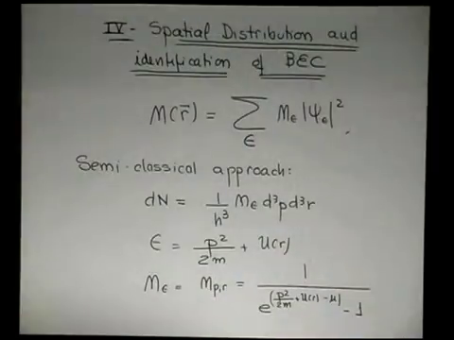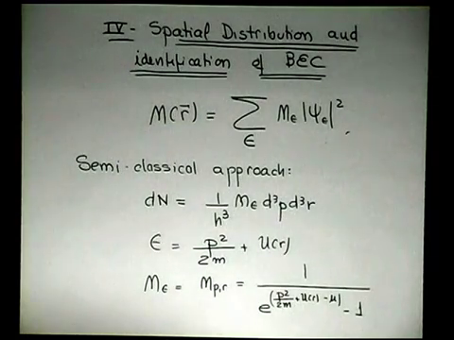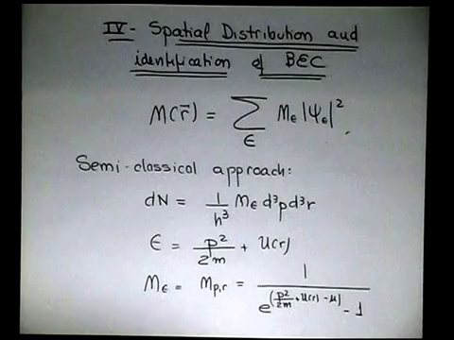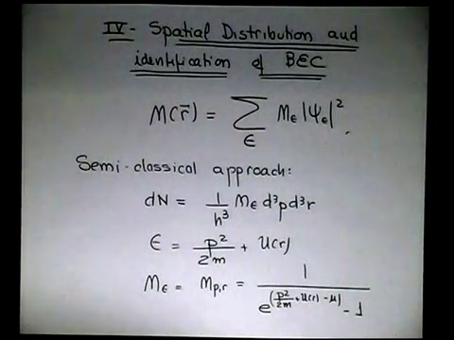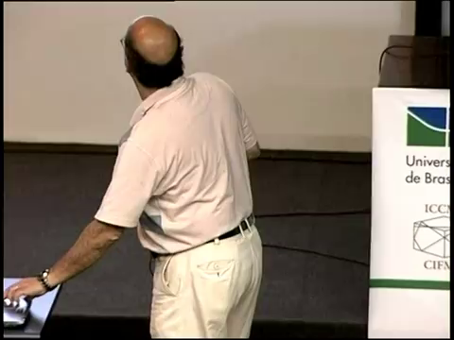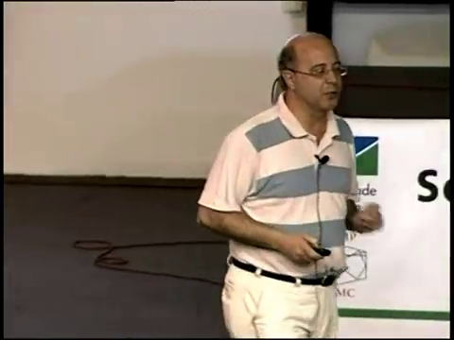Now, what happens if I have a potential? What's happening with the spatial density, right? So let's calculate. You know, the spatial density is the occupation number times the wave function squared, added over all the states. But I can do that in phase space too.